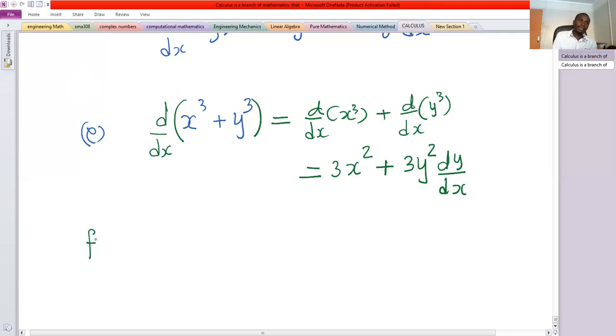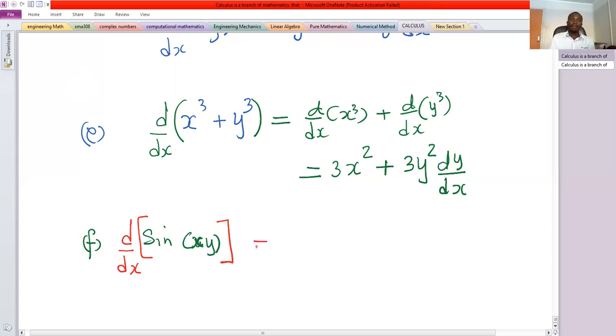And then f, we have sine of x y. So this is what we need to do. Apply d/dx on this. Now we are going to use the chain rule.